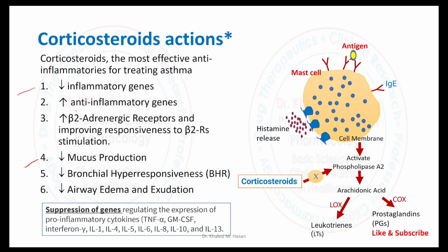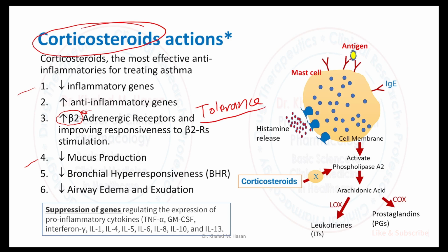They found when you prescribe albuterol for asthma, for example, after maybe 1 week, 2 months, 3 months, 6 months, the response towards beta adrenergic agonists will decrease due to something called tolerance. So they found that when you prescribe cortisone to the patient taking a beta 2 agonist, this will improve the response towards the beta 2 agonist.